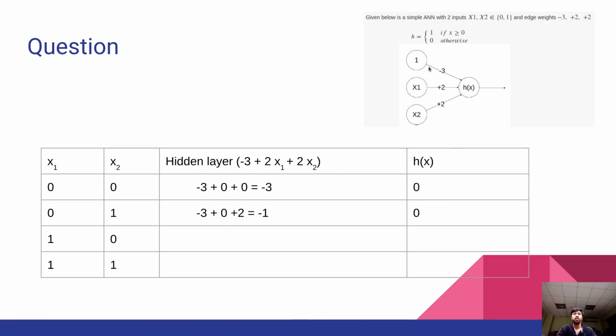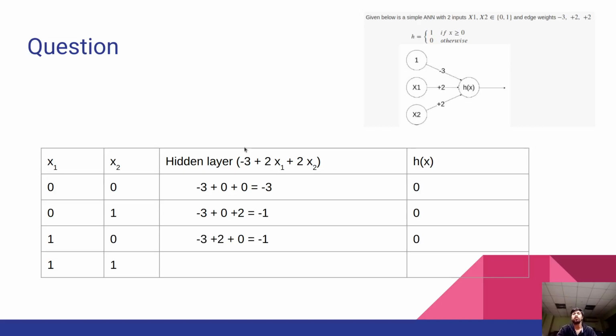Next one, minus 3 plus 2 into x1, x1 is 0, then plus 2 into x2, x2 is 1, so it is 2. If we add them, minus 3 plus 0 plus 2 equals minus 1.